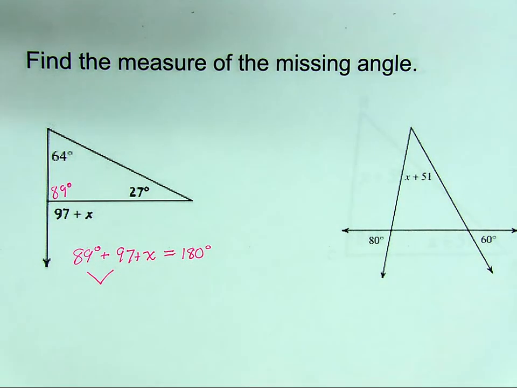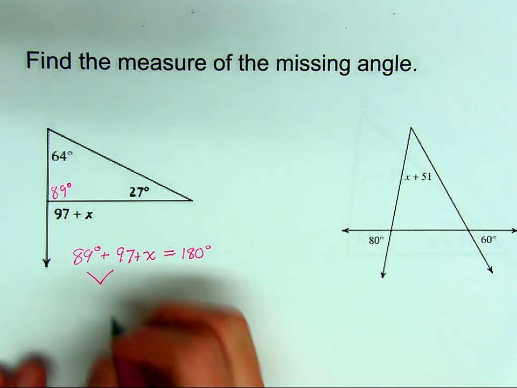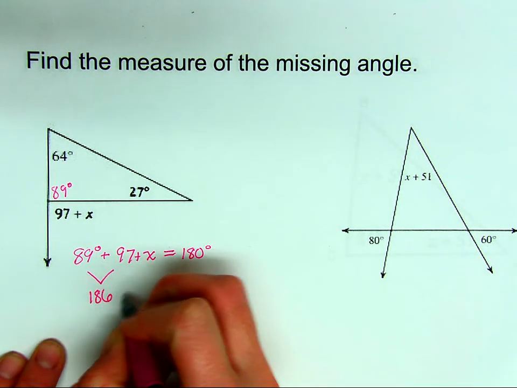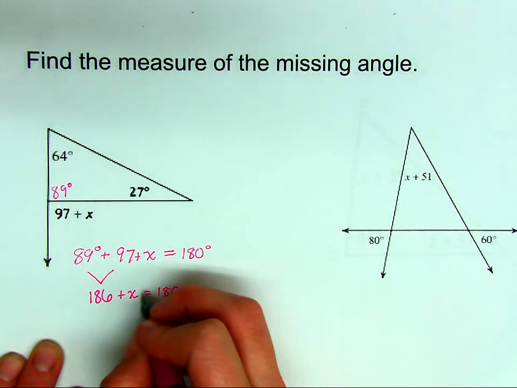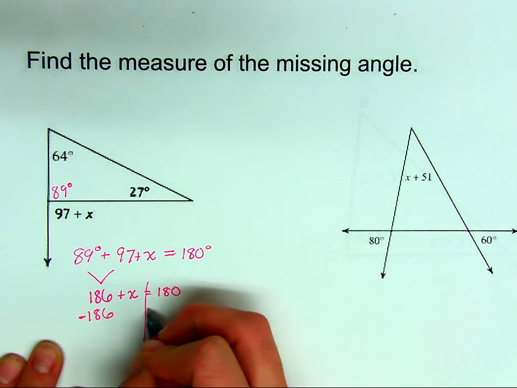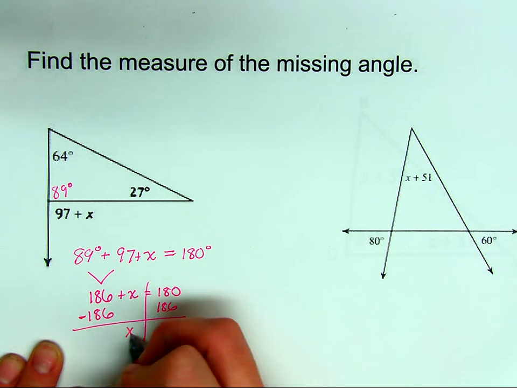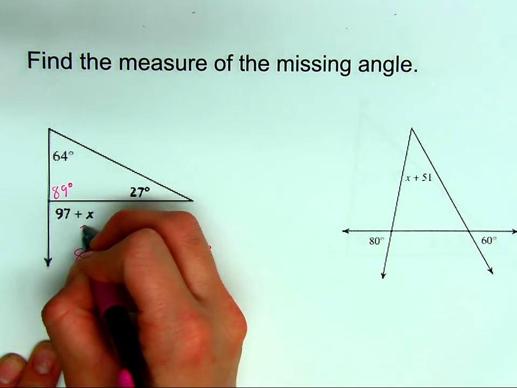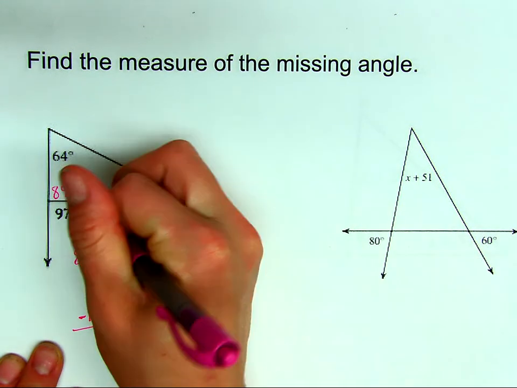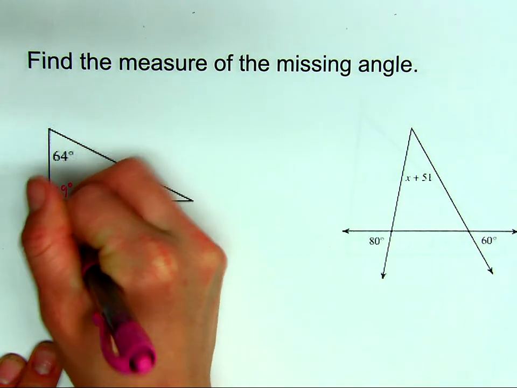So I can combine my 89 and 97, which is 186 plus x. Subtract my 186. x is -6, so 97 plus -6 tells me that this angle is 91 degrees.